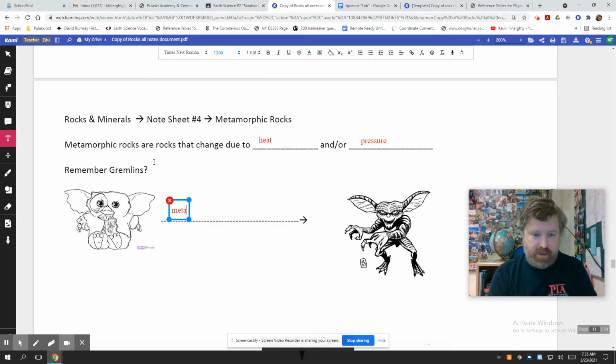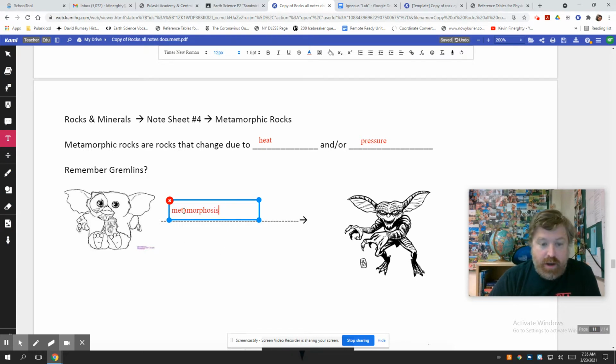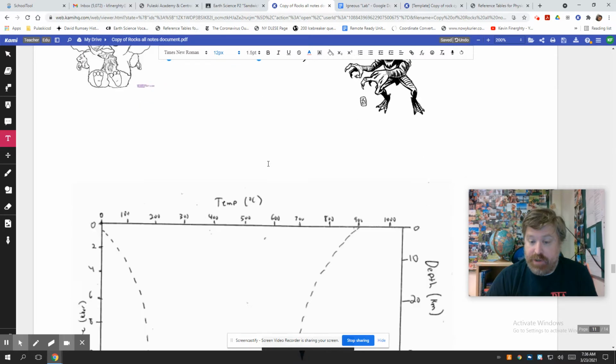It's a metamorphosis. Yeah, not bad. Oh, there we go. Metamorphosis. A change. It's just a change, right? Caterpillar to butterfly, that kind of situation. This is a physical change in the rock due to heat and pressure.